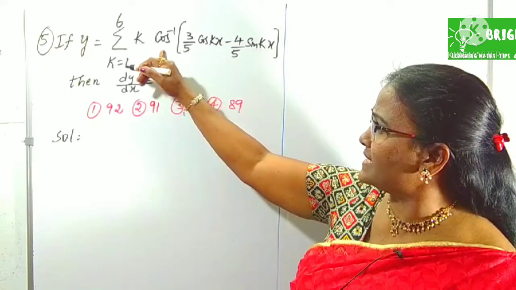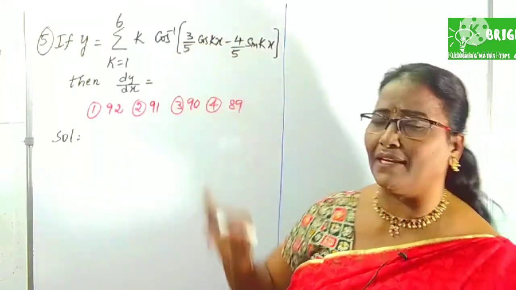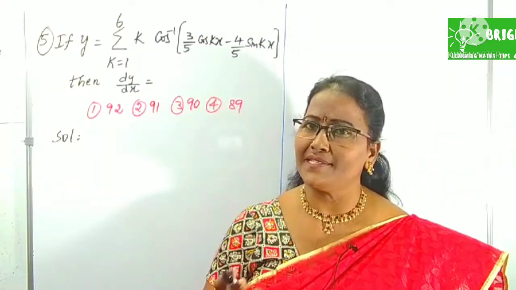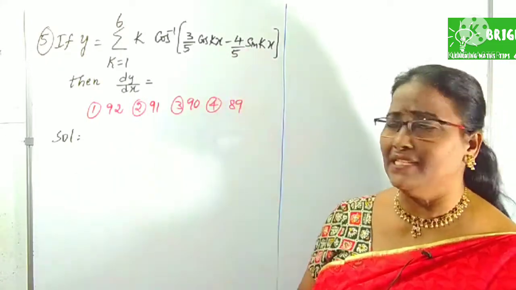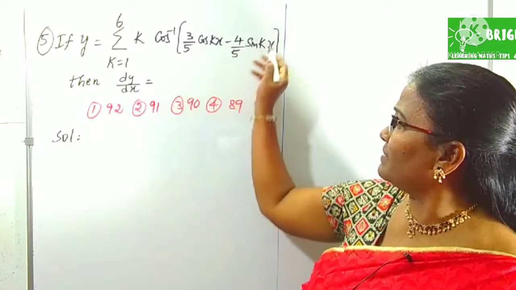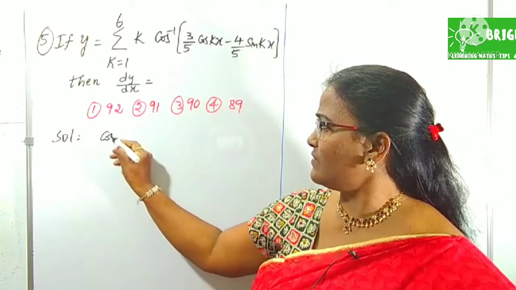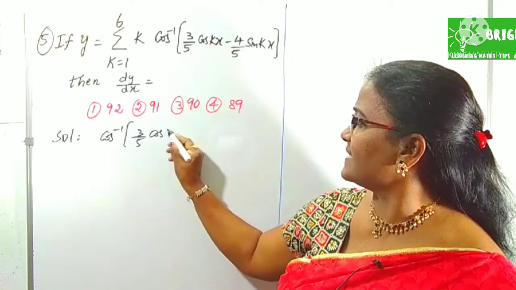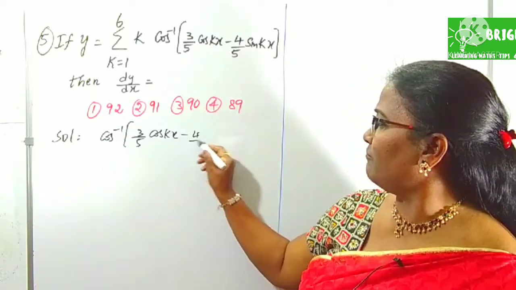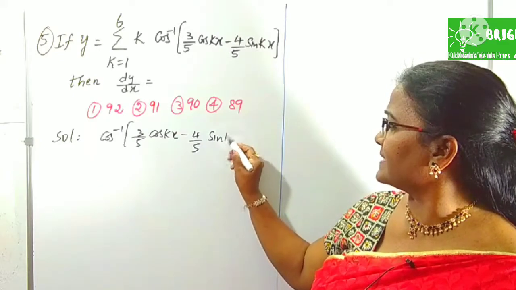There is a cos inverse, means some cos function is there. Cos inverse of cos x is what? x or not? In place of x, what can we get here? First, I am taking the simplification of this function: cos inverse of (3 by 5 of cos kx with minus 4 by 5 of sin kx).